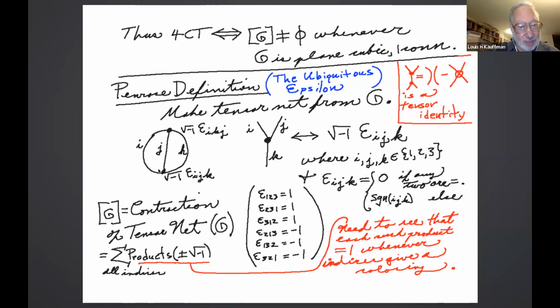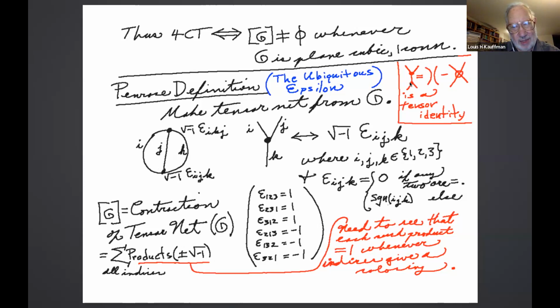And what needs to be seen, among other things, is that every coloring receives +1 for its product of plus and minus square roots of -1. Once we see that, we will get a count of all the colorings, and bracket G will indeed be the number of colorings.